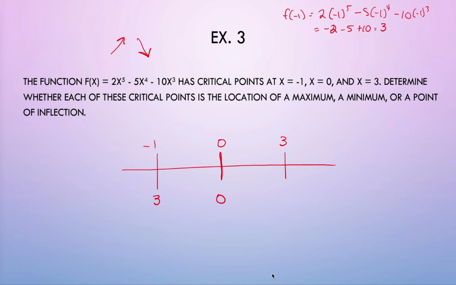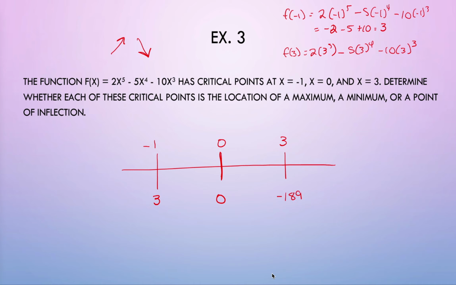If we plug in f of 3, it is going to be 2 times 3 to the fifth minus 5 times 3 to the fourth minus 10 times 3 to the third. Which is -189.